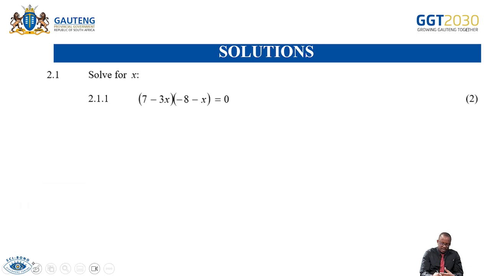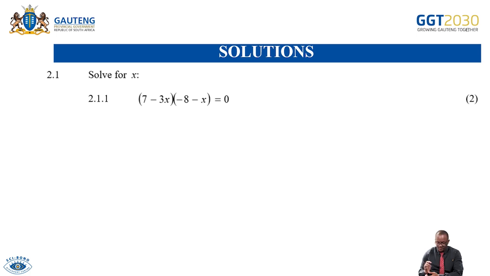In 2.1.1, we are having open bracket 7 minus 3x close bracket, and in another bracket is negative 8 minus x is equal to 0.